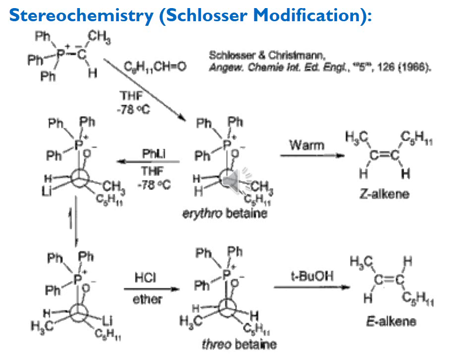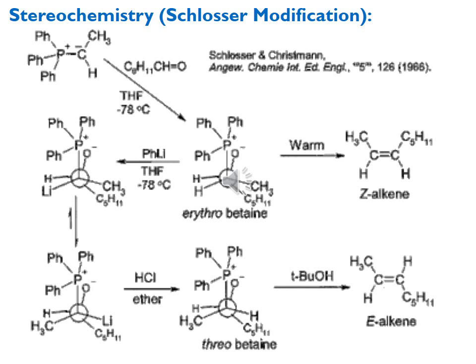But if we treat this erythro betaine with phenyl lithium in tetrahydrofuran at minus 78 degrees C, this changes the stereochemistry of this intermediate in such a way that we get threo betaine. Threo means the same groups are on opposite sides, and in the end we get E alkene in which similar groups are on opposite sides.